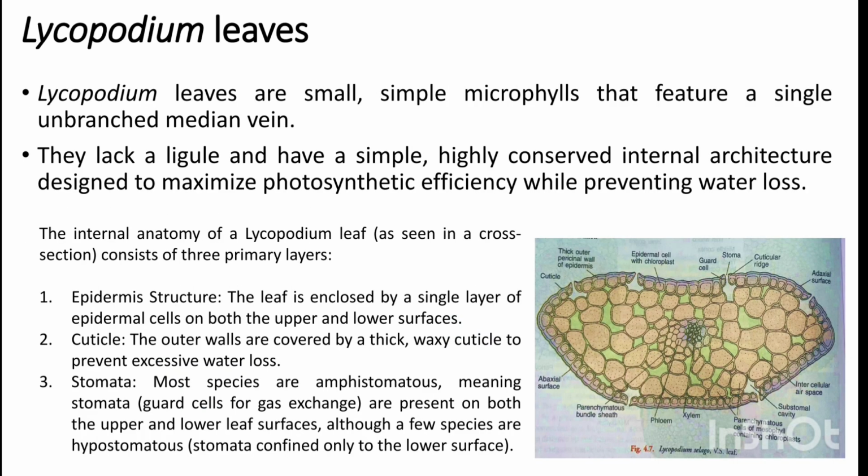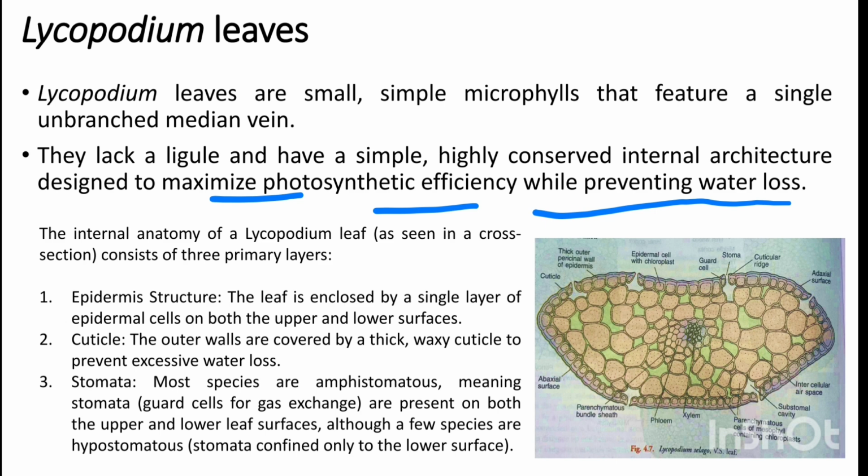Next, Lycopodium leaves. These are very small, called microphylls, with a single midvein. They lack a ligule and have a simple, highly conserved internal architecture designed to maximize photosynthetic efficiency while preventing water loss. What is the anatomy?